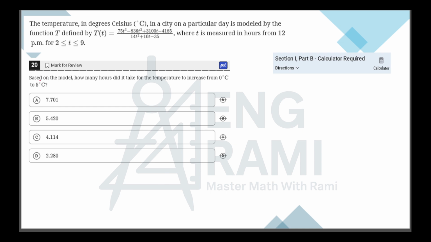The question is, based on the model, how many hours did it take for the temperature to increase from 0 Celsius to 5 Celsius degrees?